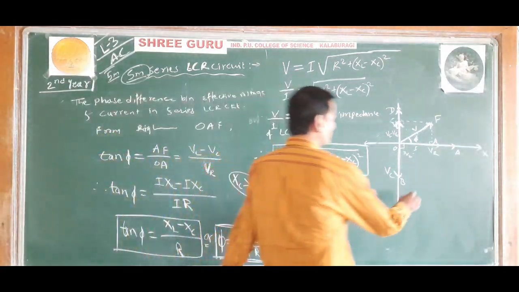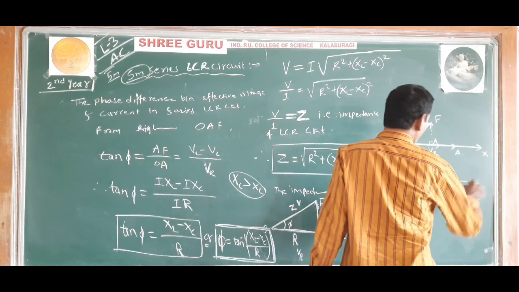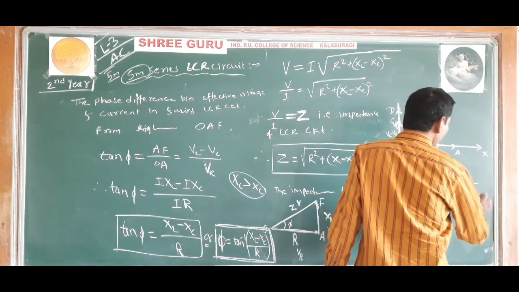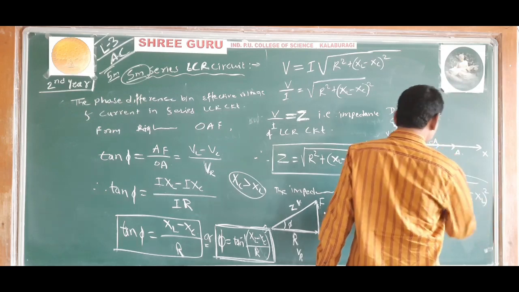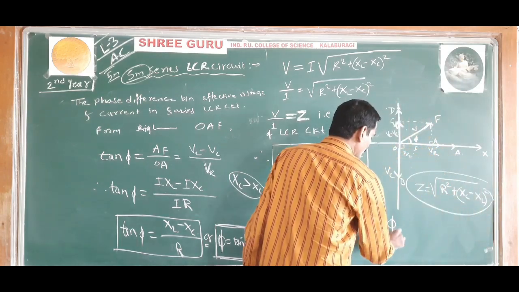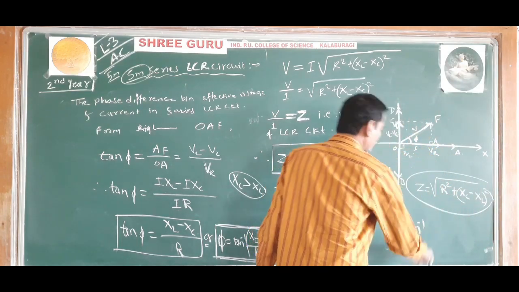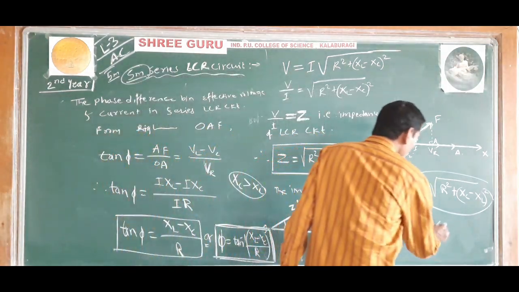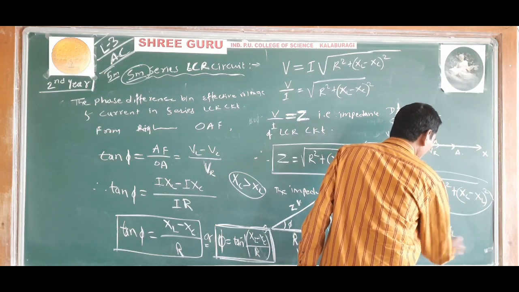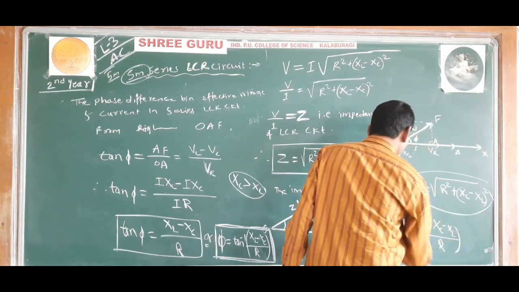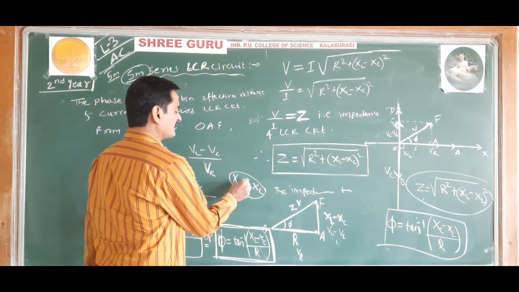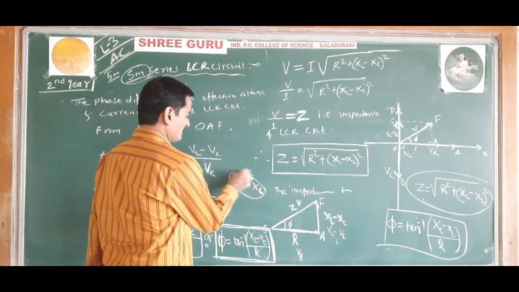Then Z comes out to be Z is equal to the square root of R square plus (XC minus XL) whole square, and phi, the phase difference between current and voltage, is tan inverse of (XC minus XL) divided by R. So both formulas will change when XC is greater than XL.